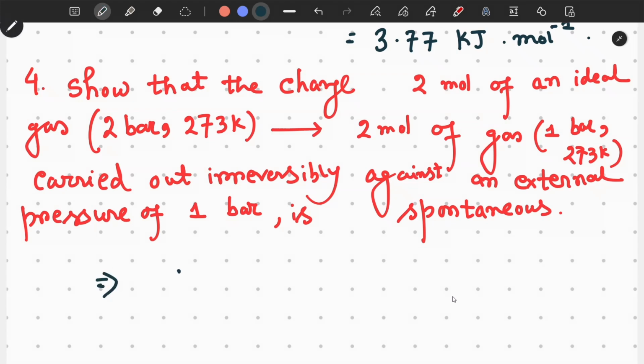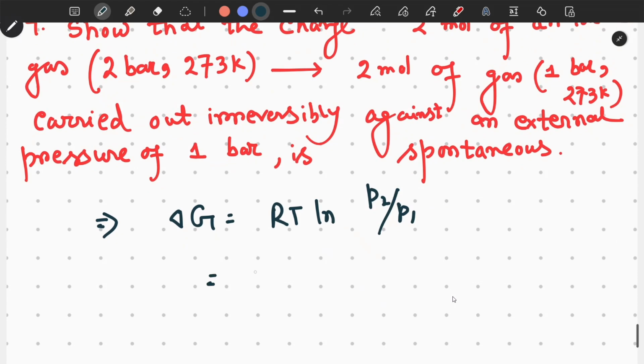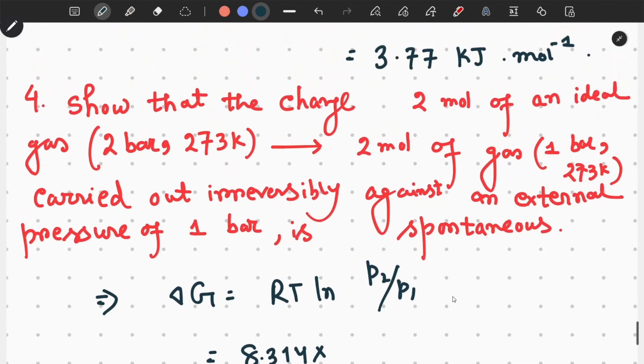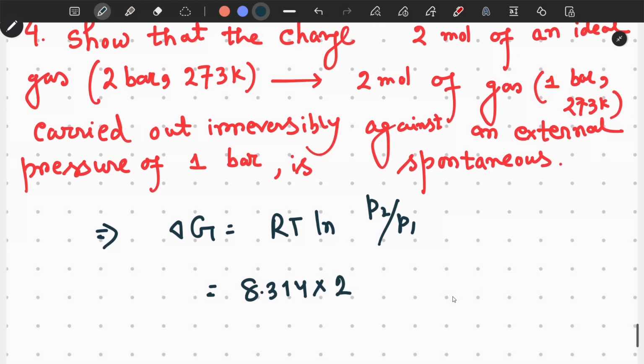Nothing to do here. Okay, I have done it. What is the temperature? 273. P2 by P1 is 1/2.